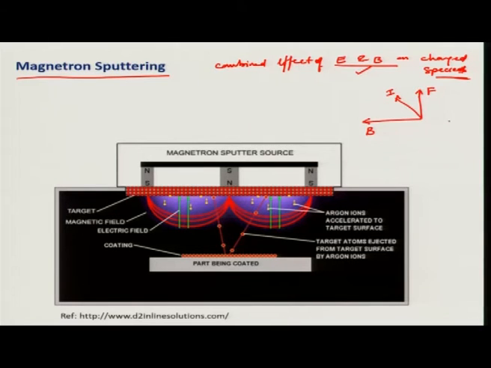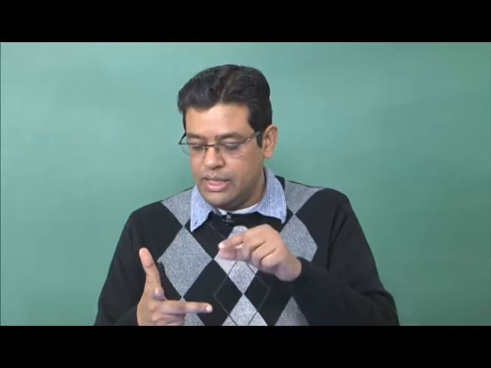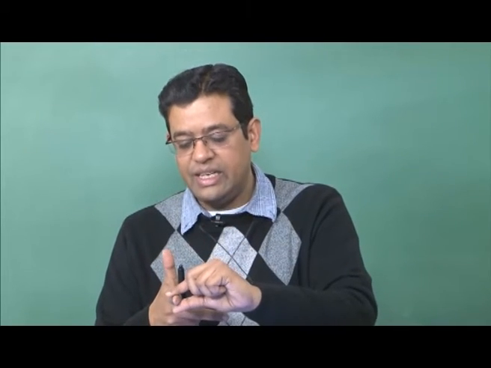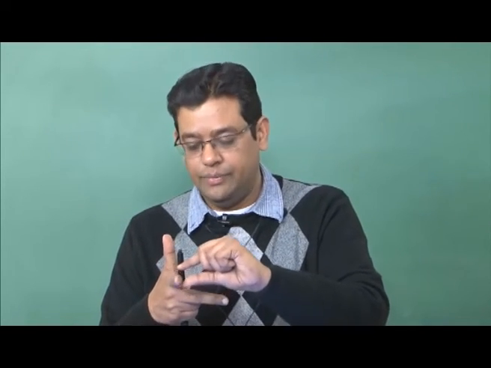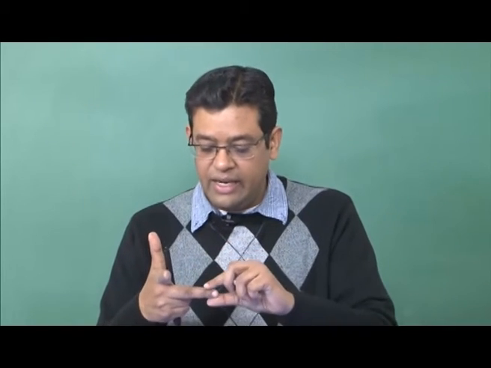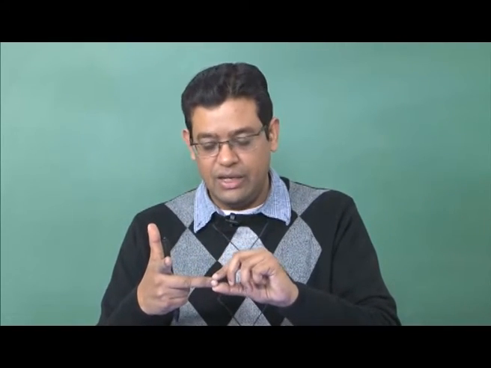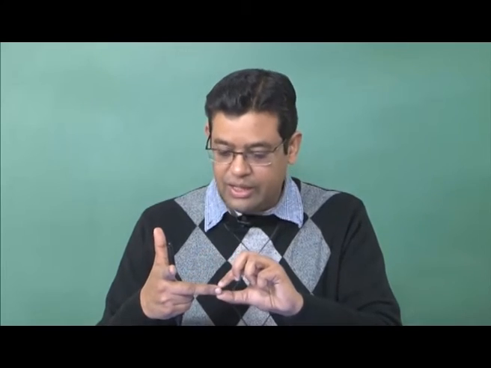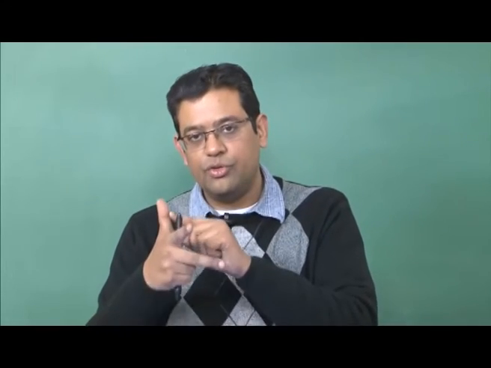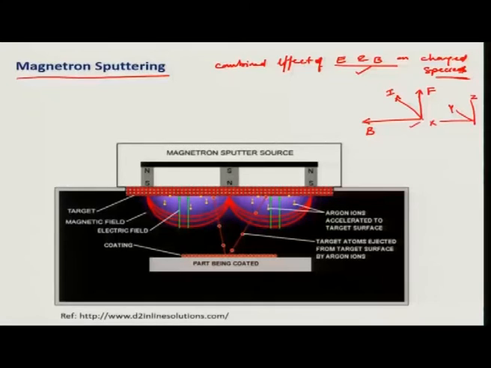Let us say that this is x, y and z. This is the right hand rule. If my current is along the index finger, and the magnetic field is along the middle finger, then the force would be upwards, in the direction of the thumb, which is shown here.